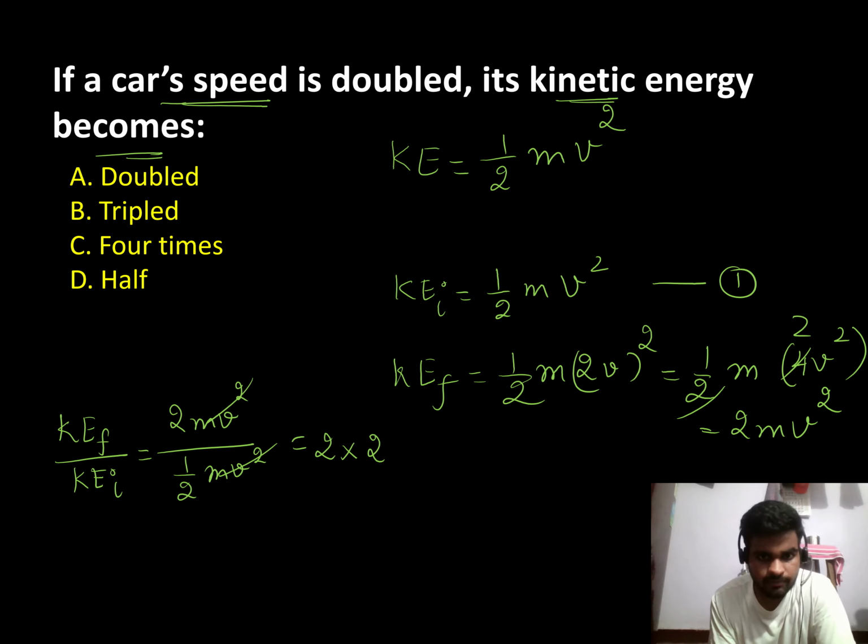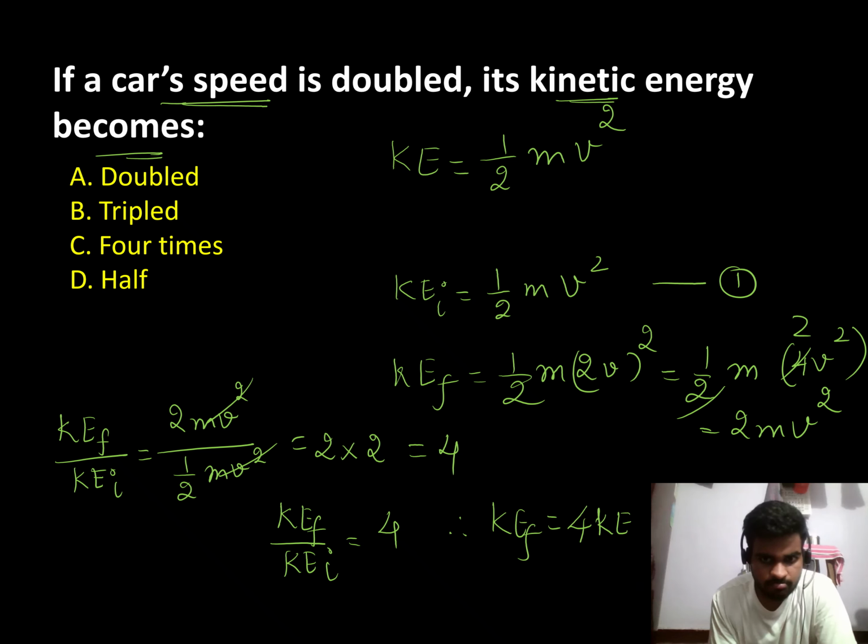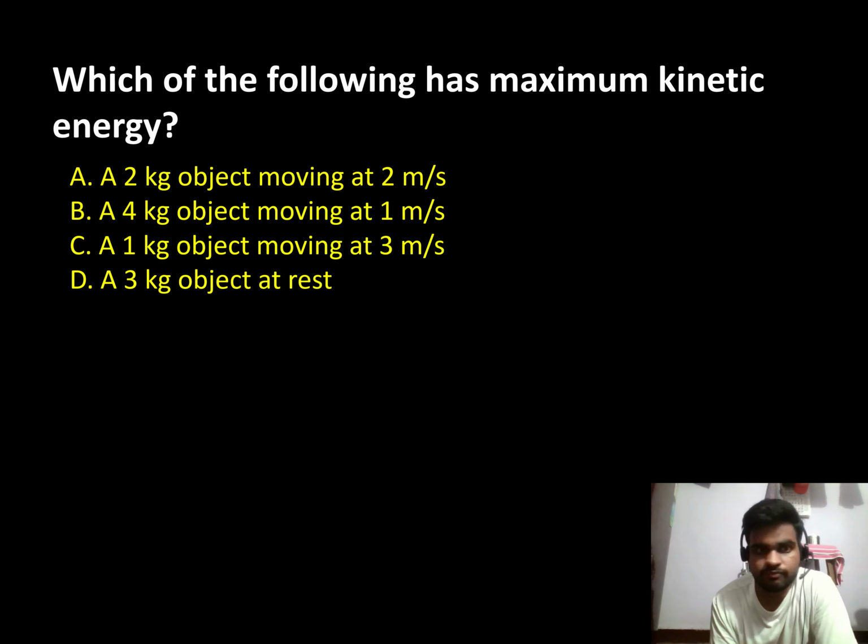So we can say KE final by KE initial is equal to 4. Therefore, the final kinetic energy of the car is 4 times the initial. Option C is the answer.